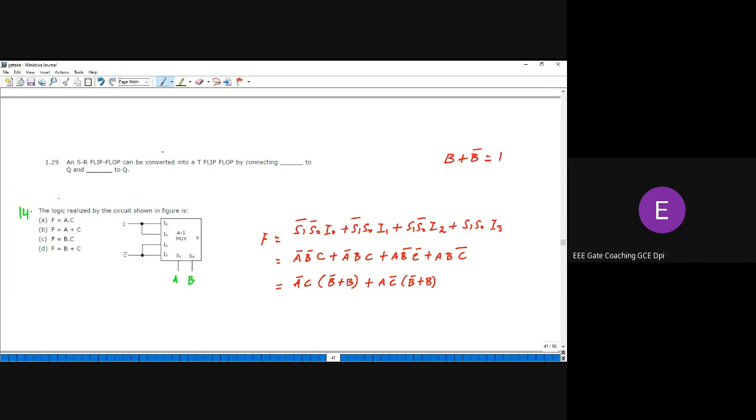Why is it 1? Suppose B is 0, B bar is 1. So 0 OR 1 is 1. If B is 1, B bar is 0, and the OR is 1. So we get nothing but A bar C plus A C bar.